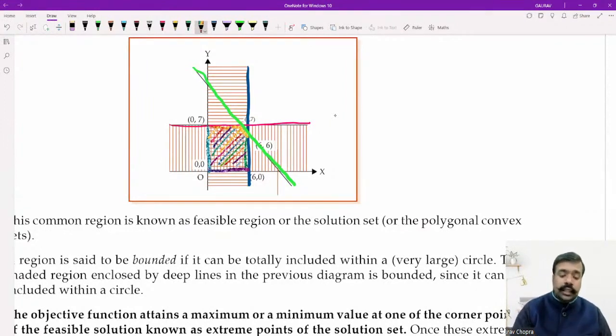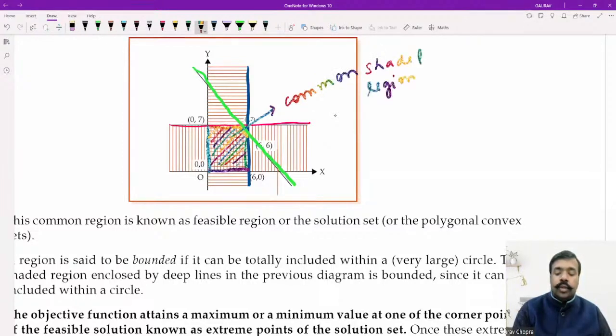And always in the combined diagram, we have to find out the common shaded region. All right. So in the examination, we are not supposed to prepare this graph. This graph will already be given in the questions or the options, and you have to find out the correct equations relating to that graph. All right.